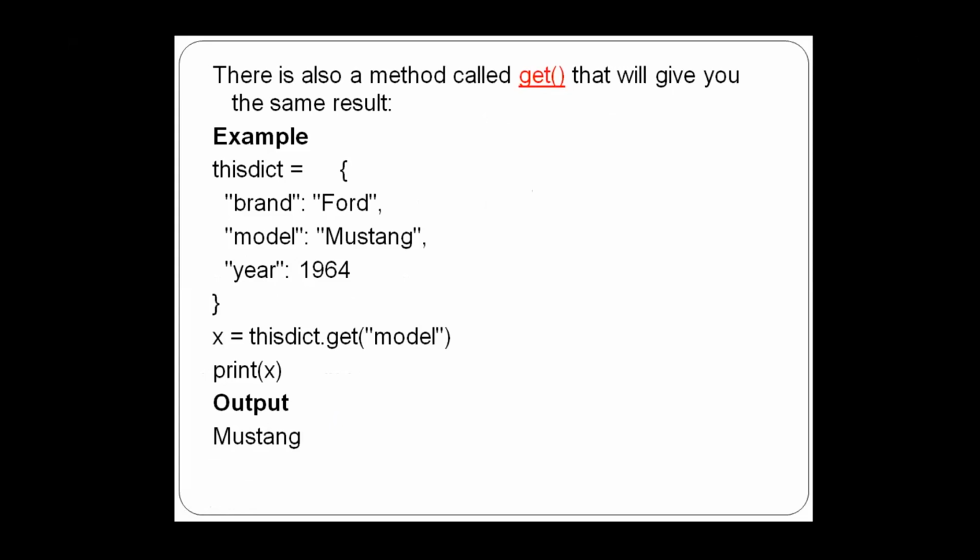There is a method called get, and that will also give you the same result as the previous one, where you use your key and get the value as output. The input for the get method will also be a key, and the output will be the value.